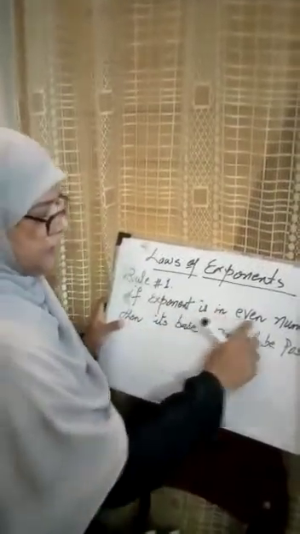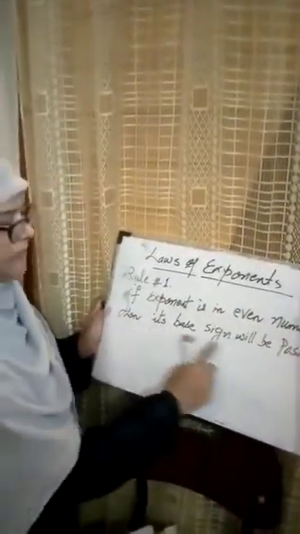This is rule number 1. If exponent is an even number, then its base sign will be positive.